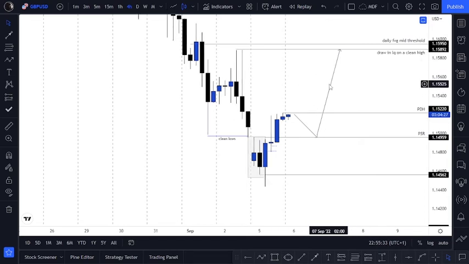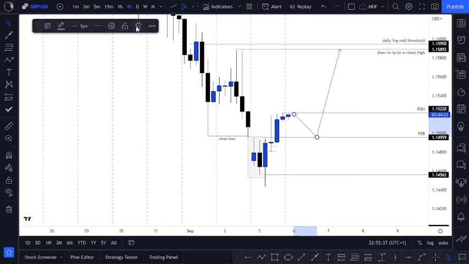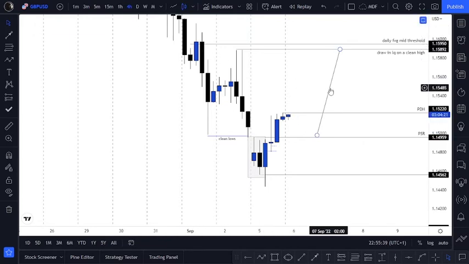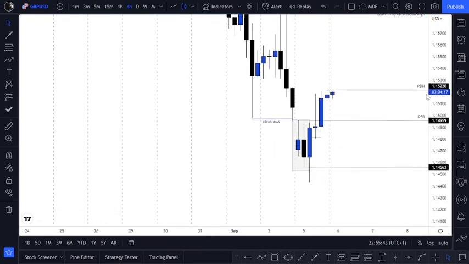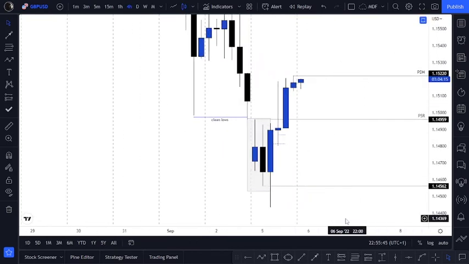I will also be mindful of what price does at this particular region here on 4 hours. I think it will be nice to see price trade off from here.